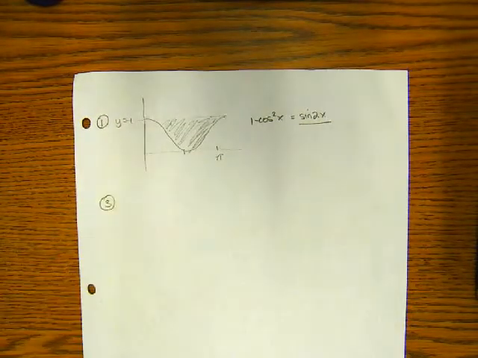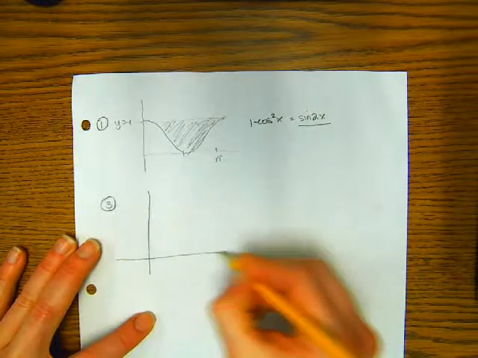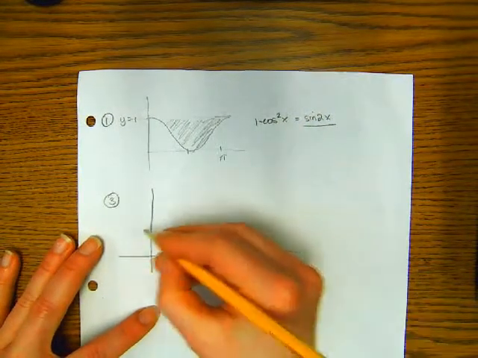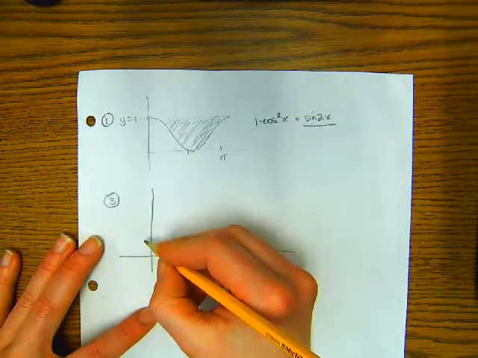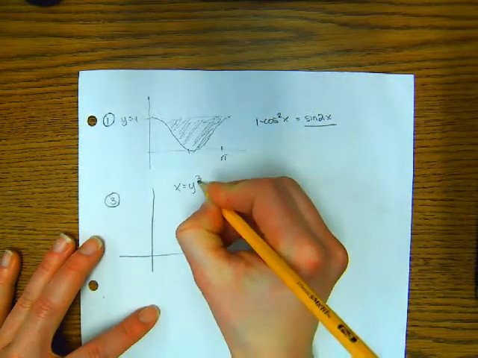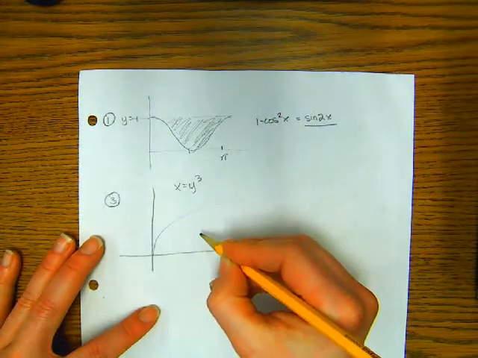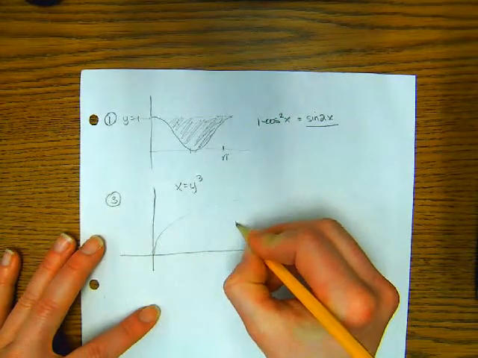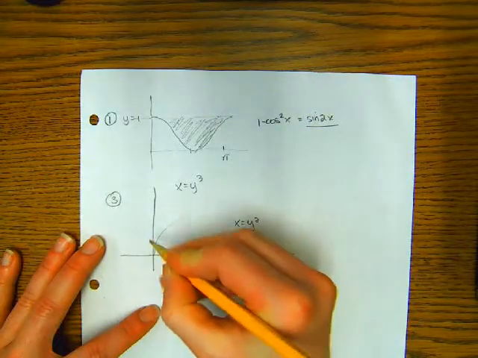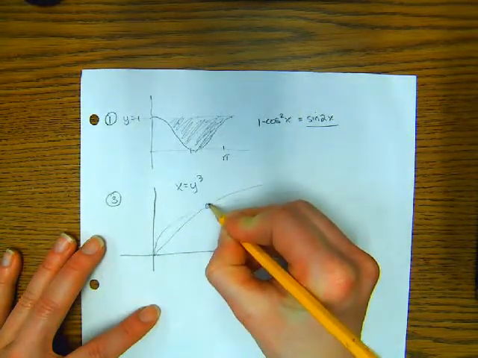Okay, so in number 3, you had x equals y cubed, and then x equals y squared, and they meet at 1, 1. Okay.